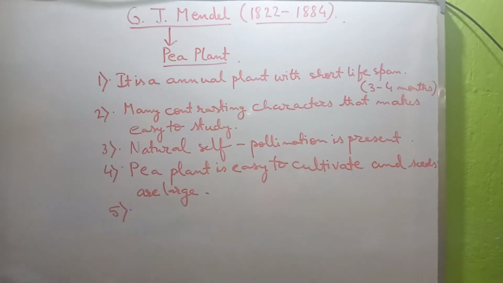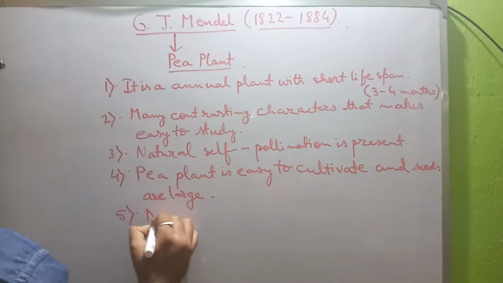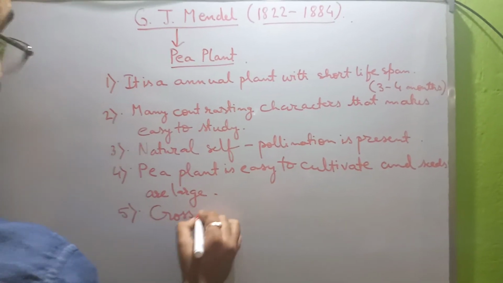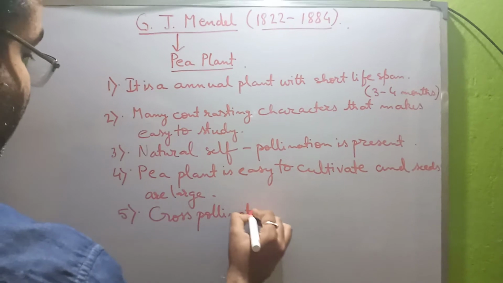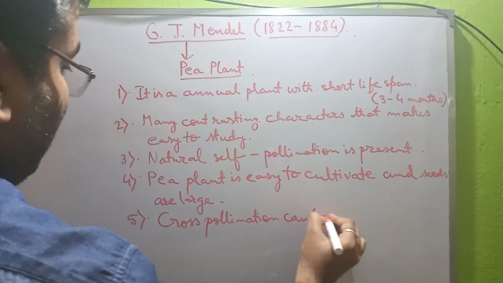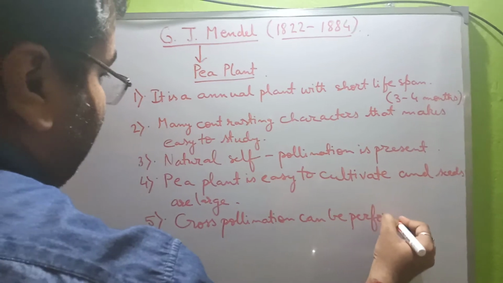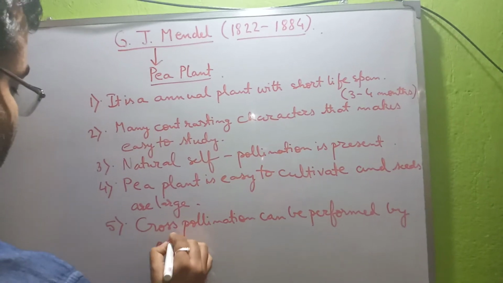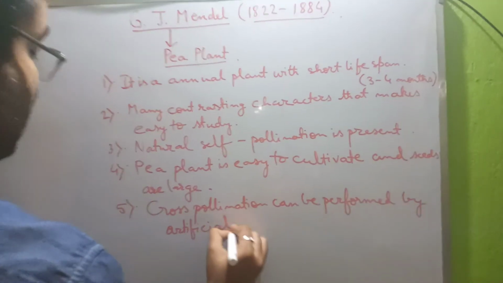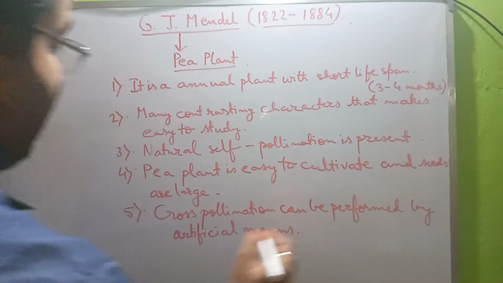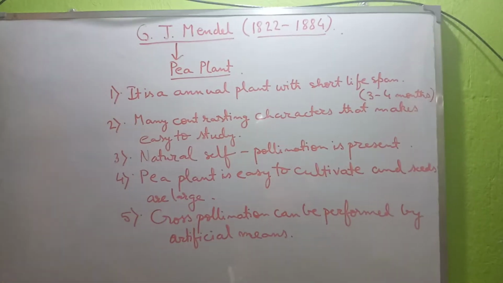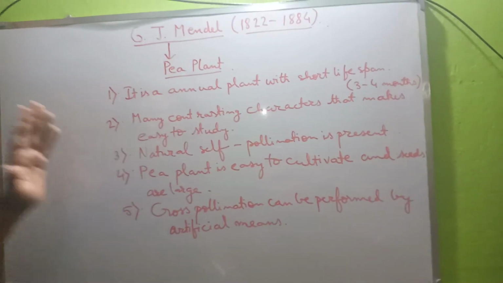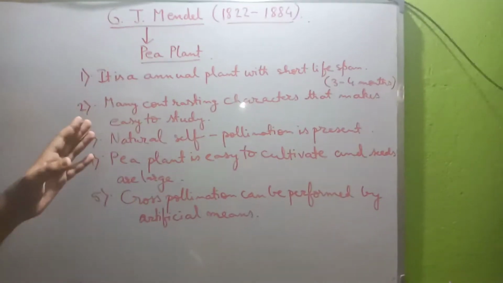Fifth point is natural cross-pollination can be performed by artificial means, by the artificial man-made methods, by bagging and all, we can carry out the cross-pollination. So these are the points due to which Gregor Johann Mendel carried out his experiment with the help of a pea plant.